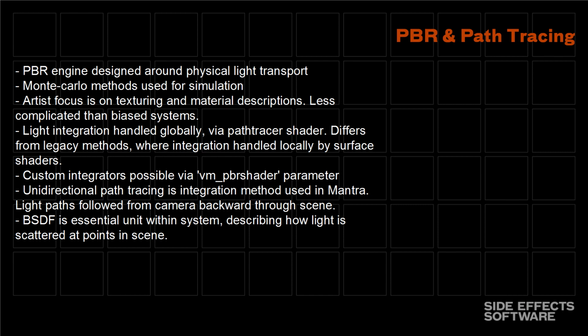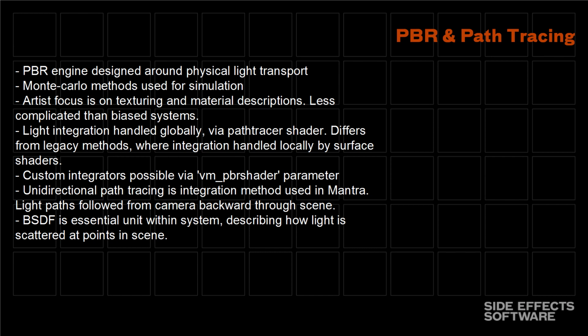So it differs from the legacy method where the integration used to be handled locally by the surface shaders. The other thing is that through PBR, there is a unidirectional path tracer offered as the standard implementation for our physical renderer. However, there's the option to integrate your own shaders should you desire to write your own integration scheme. And that's possible via the VM PBR shader parameter, which is available on the Mantra ROP.